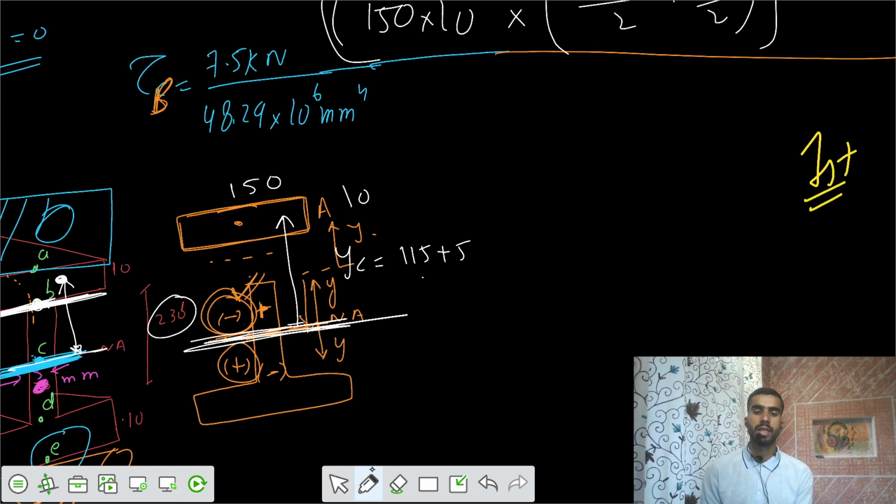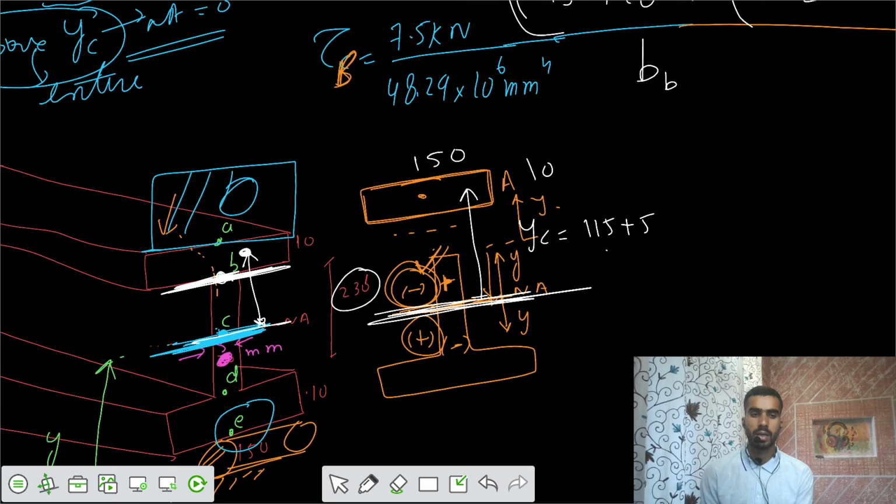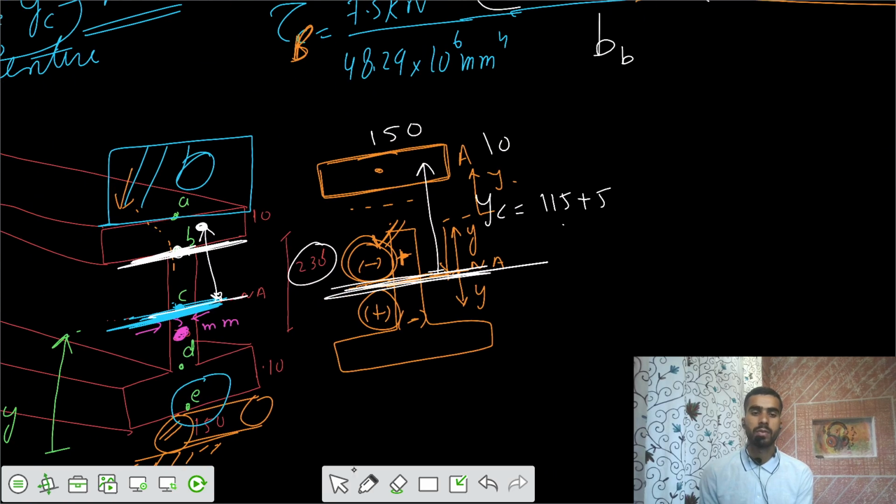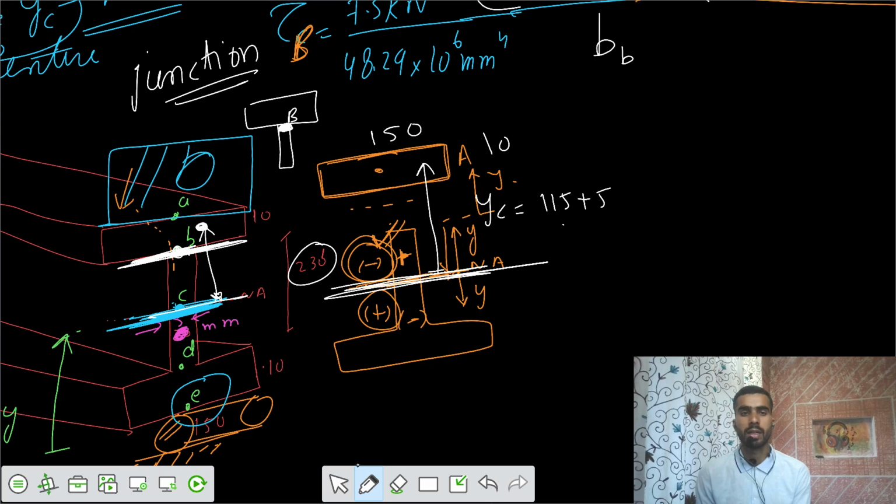Now you want to take the width at B. What is the width at B? So you have this point B. That's at the junction, so the width at B is at the junction between the flange and the web. So which width can you take? We can take both widths and calculate separately. Let's take the width just before that point B, in the flange.